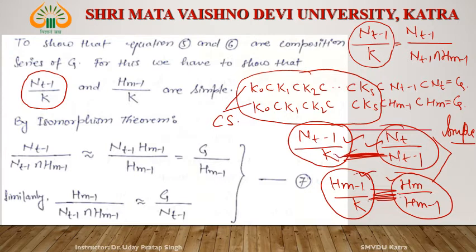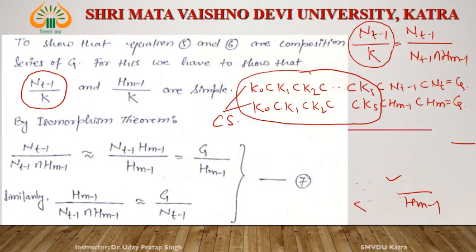This factor group is isomorphic to either this or this, and this factor group is isomorphic to either this or this. How will we prove it? We apply the second isomorphism theorem. Now see, what is the second isomorphism theorem and how do we apply it?